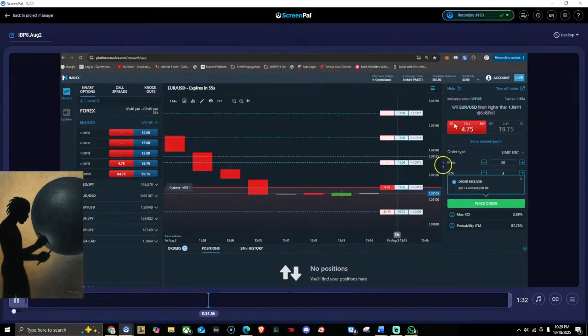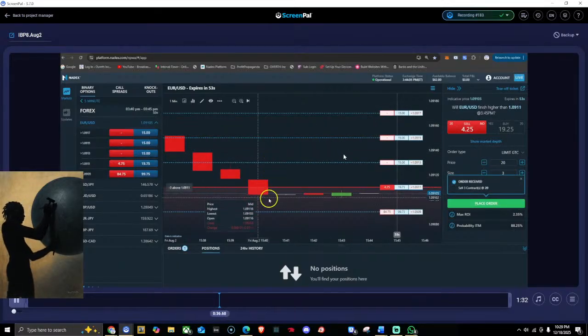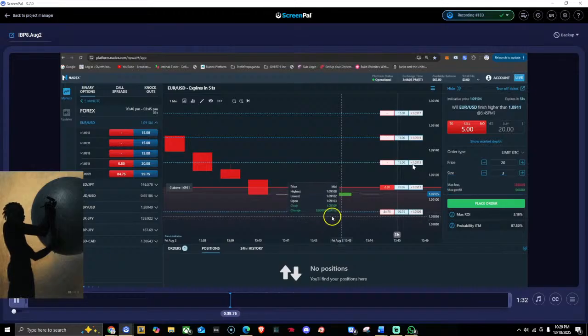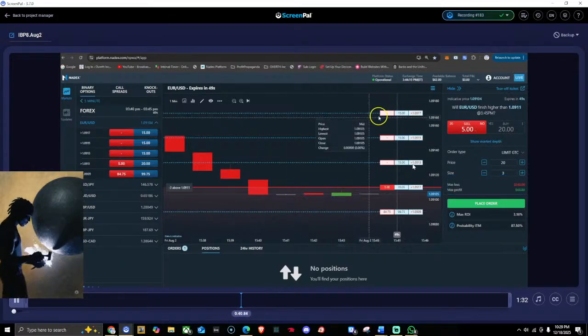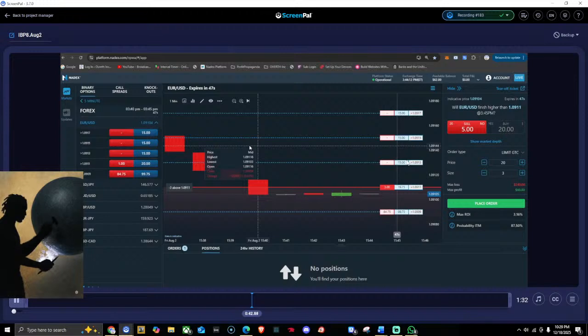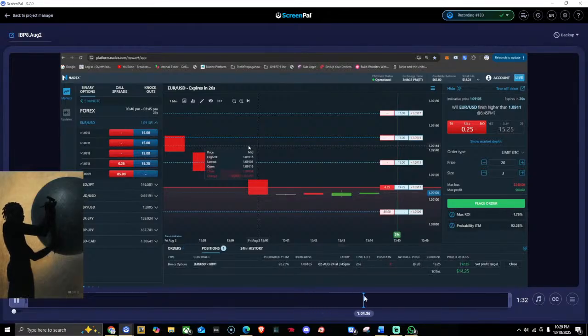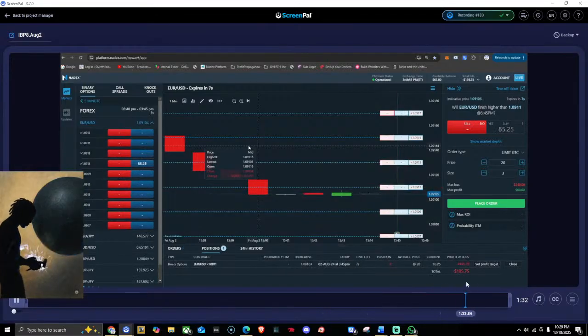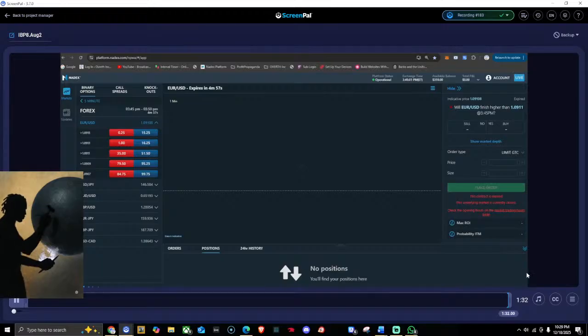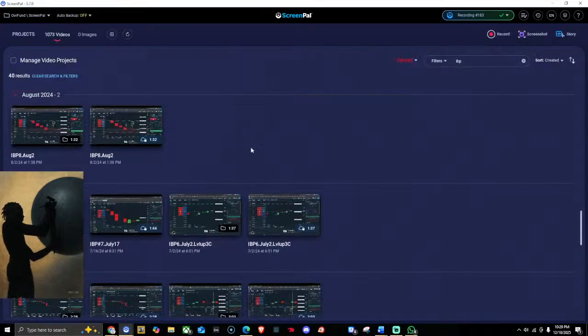There we go. The first entry point was 1 minute and 4. So we can kind of fast forward it, because we already know what happens. All right, so we are at $359.